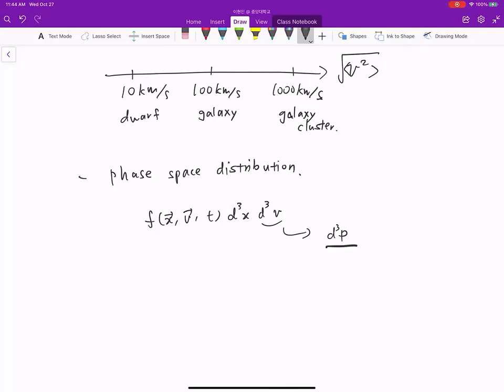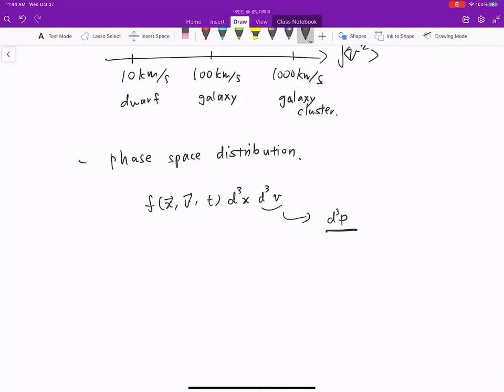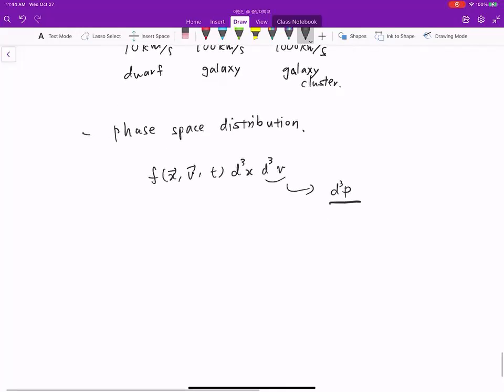And also, according to quantum mechanics, there's a relation between position x and momentum. And so here, this f is the density, number of states. This f we call the phase space distribution.